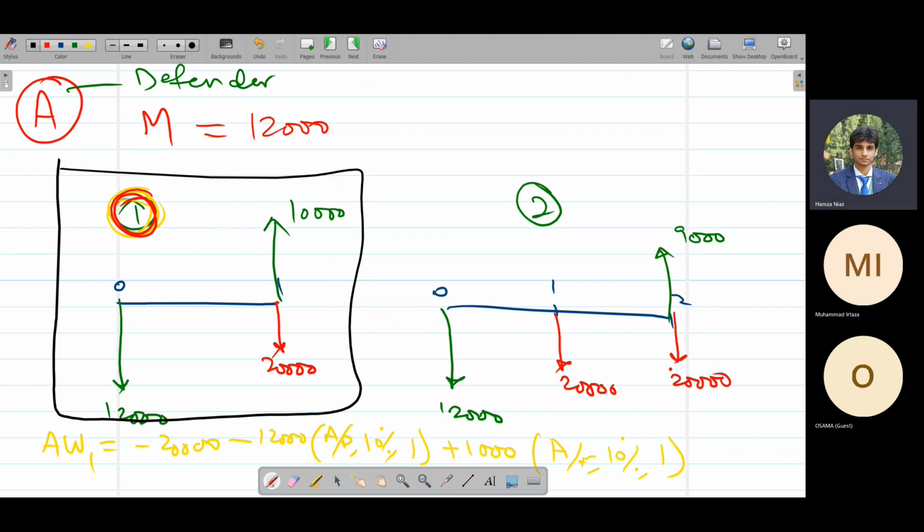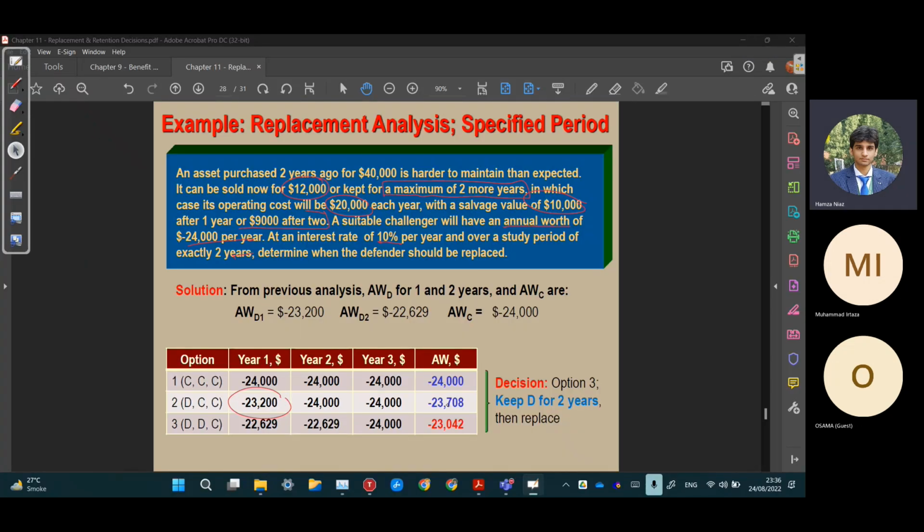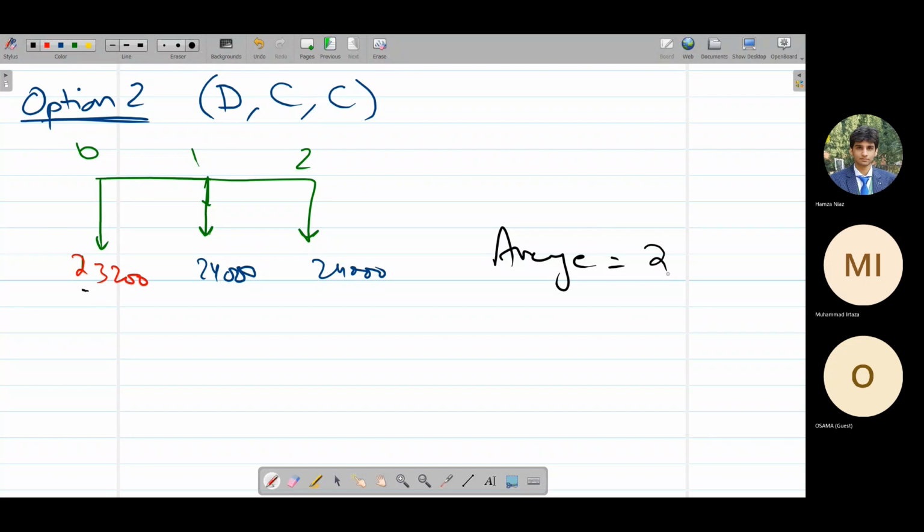If you find its annual worth, it will be 23,200. Simply solve this formula. We place this in year 0, and years 1 and 2 would be 24,000. Now you can find its average, so its average would be 23,708. So this is its average.